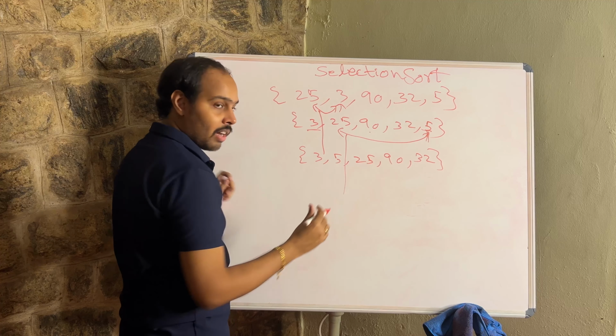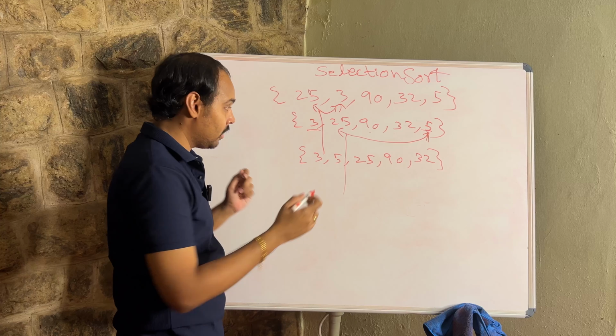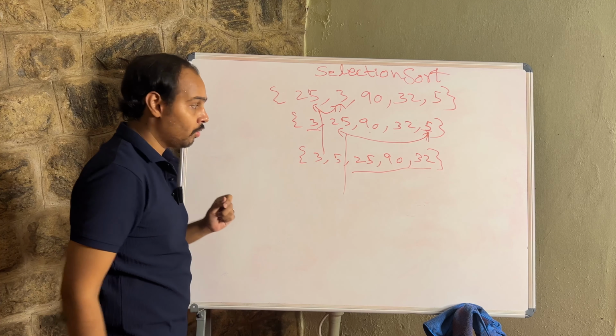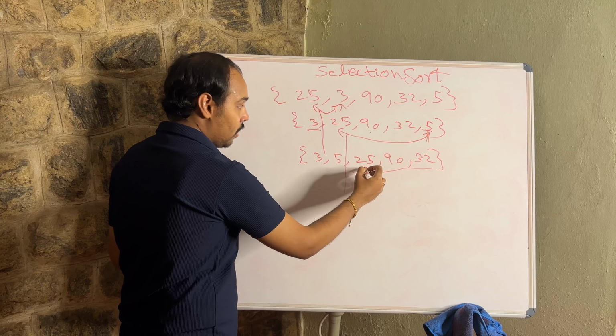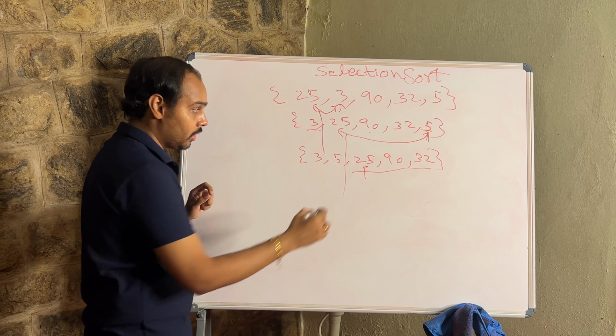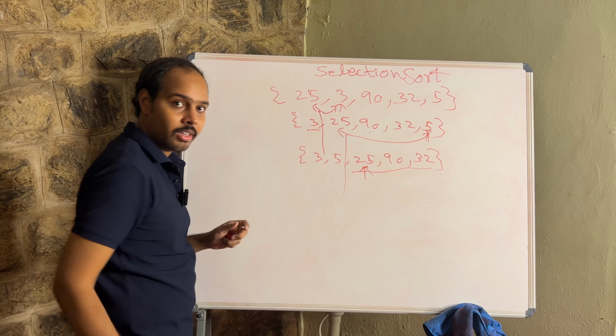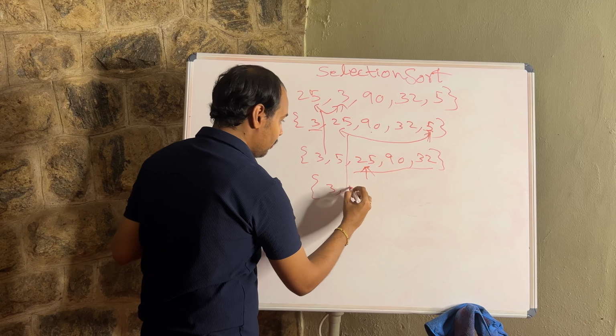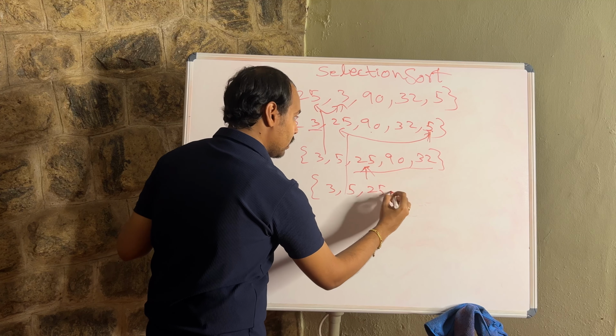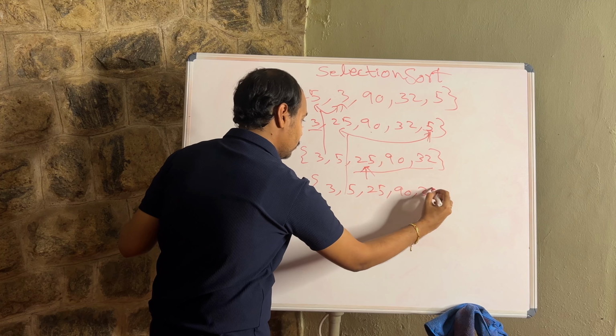Now our aim is to find the smallest element in the remaining part of the array to fill this position. The smallest element is already 25, which is in its right position, so we need not swap anything. At the end of third pass, we have 3, 5, 25, 90 and 32.